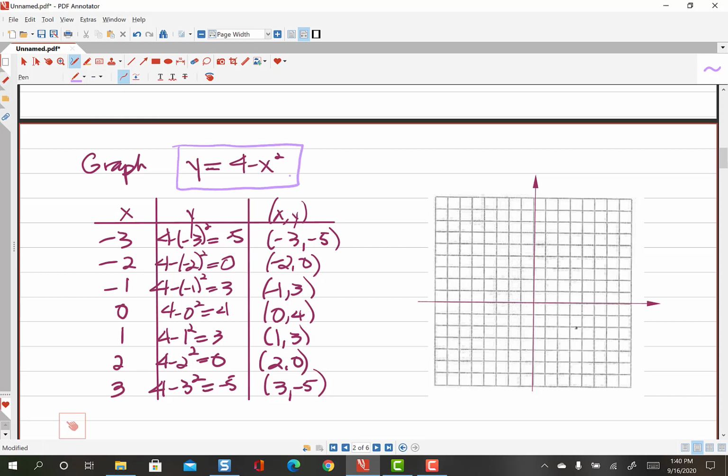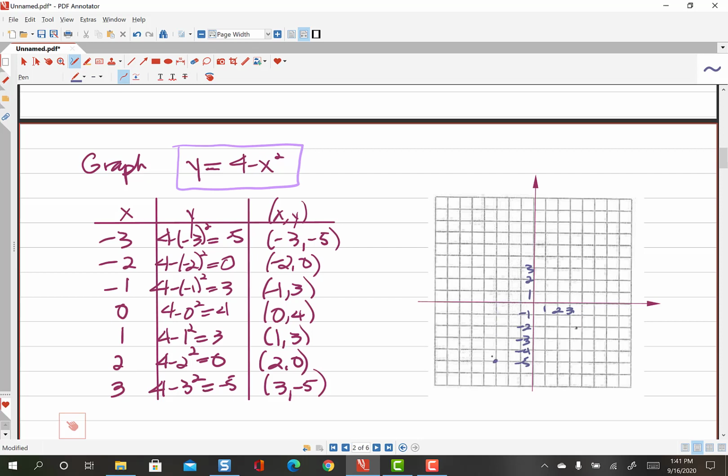So let's put our points in here. And in this case, because the numbers are not so big, I think we can go in steps of 1, 2, 3, and also in steps of 1 in the y direction as well. All right, so when x is -3, let's see, 1, 2, 3, y is -5.